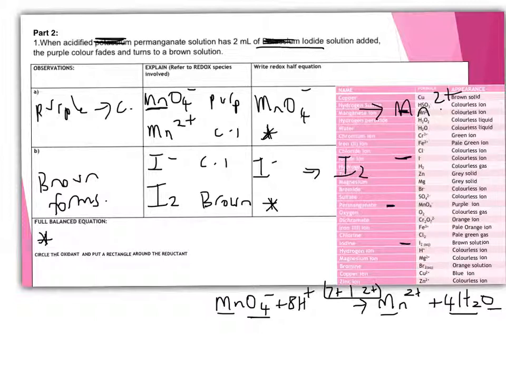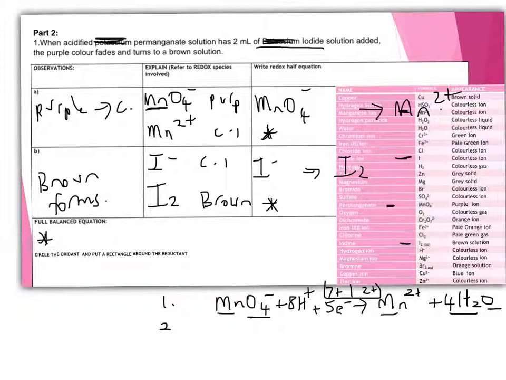So I've got 7 pluses on the left and 2 pluses on the right. I have to add electrons to the most positive side, which is the 7 side, and I have to add enough negative electrons to make it equal the 2 plus on the other side. So therefore I've got to write 5 electrons. Alright, so that's my number 1 half reaction.